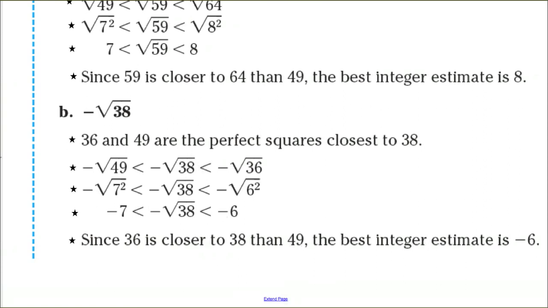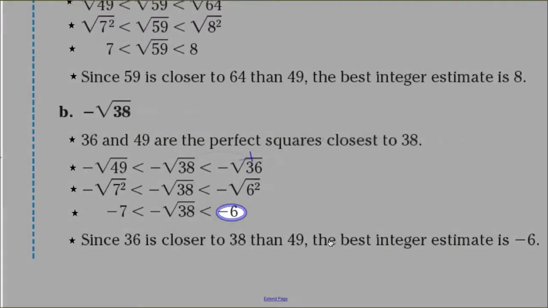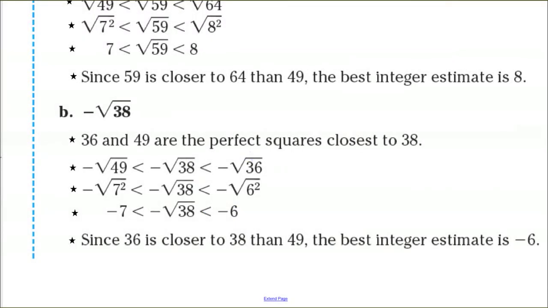So the best integer estimate is negative 6, because this one is closer to 36 than to 49.